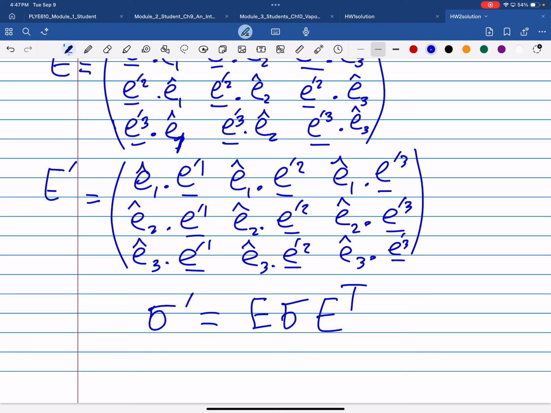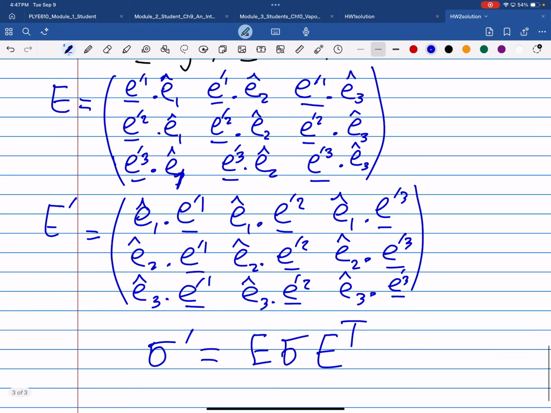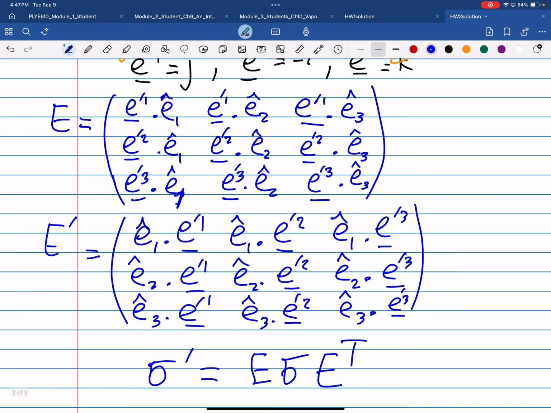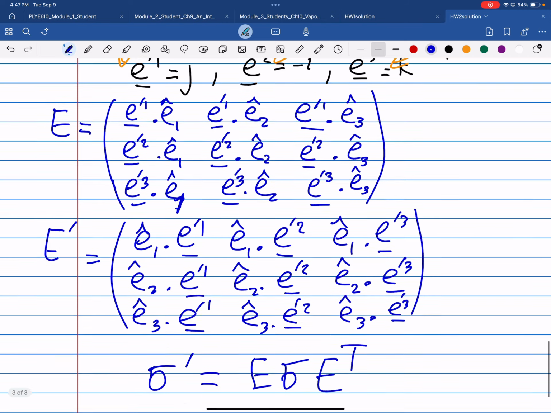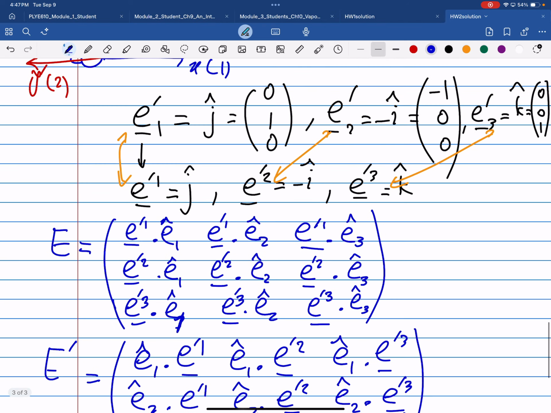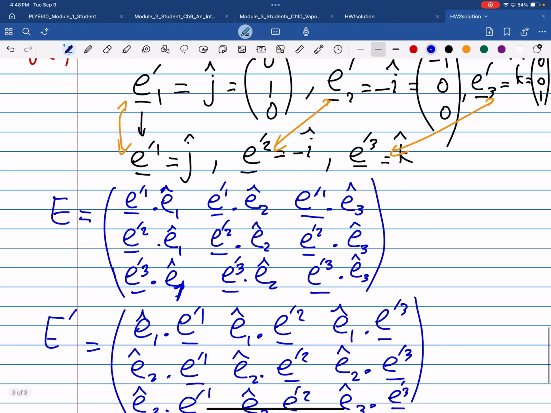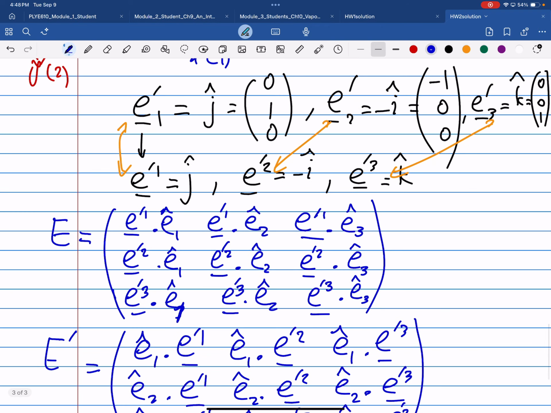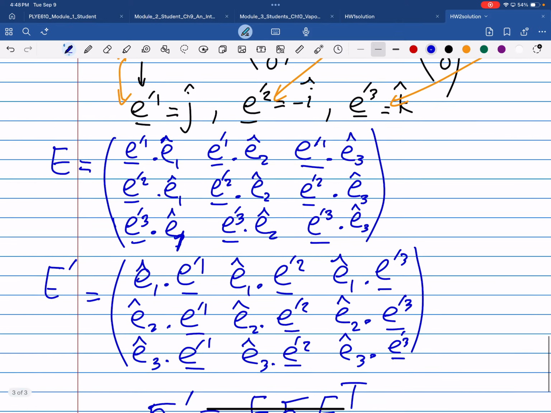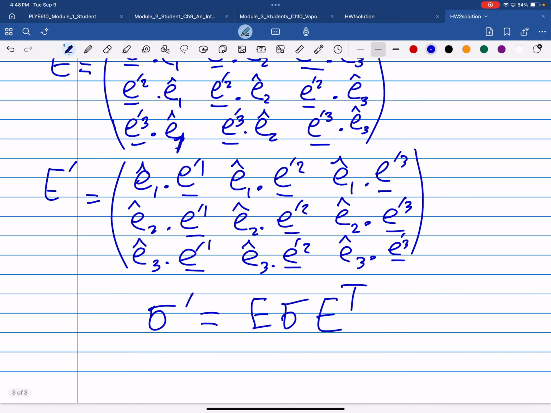So that's in the form of the matrix multiplication. Okay, I'll solve the last one. I will add it to Brightspace later.